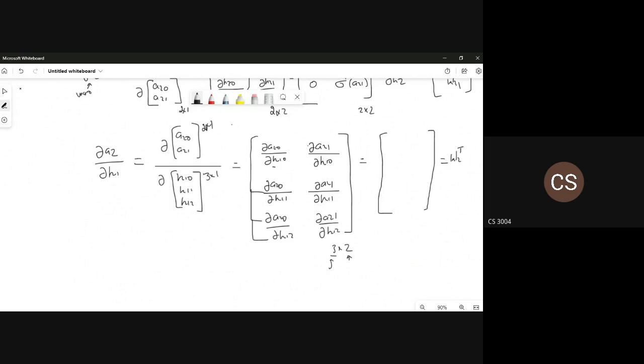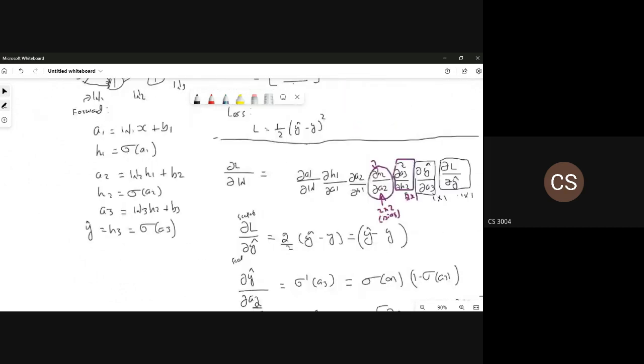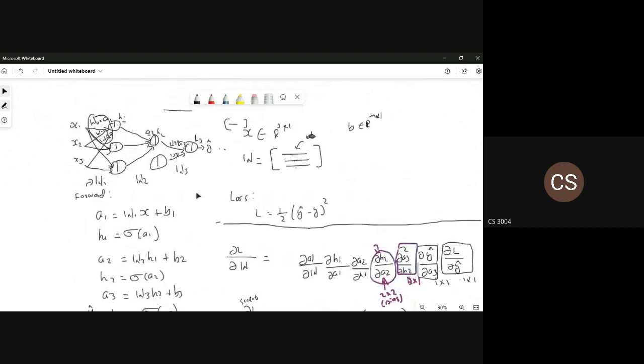So what is W2, by the way? If you look at W2, how many row vectors does it contain? W2 contains 2 row vectors, right? Why is it not 3?